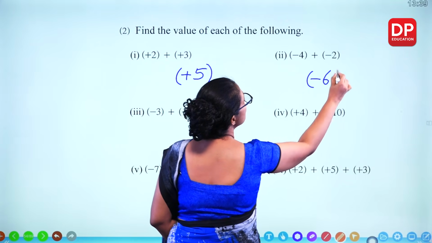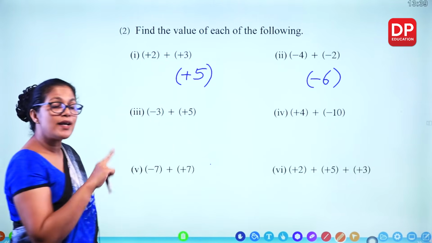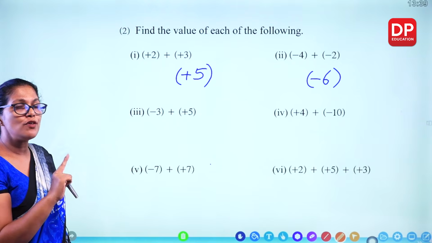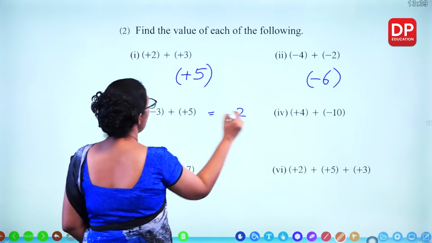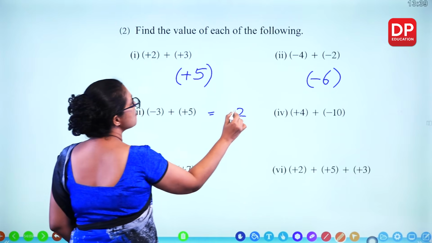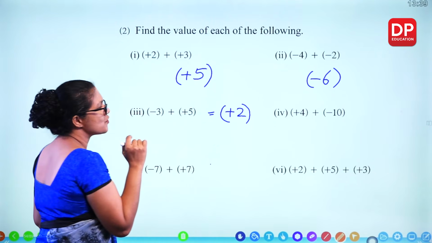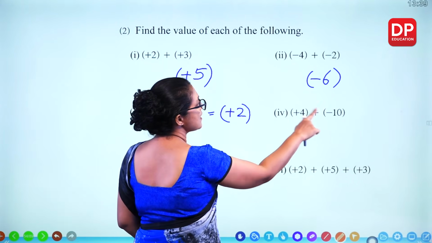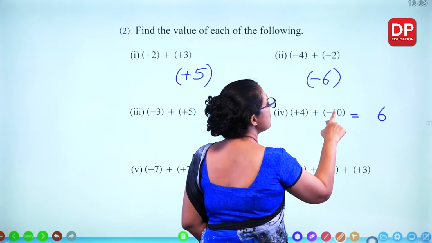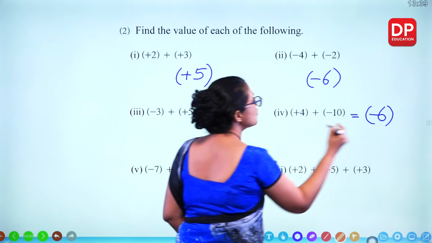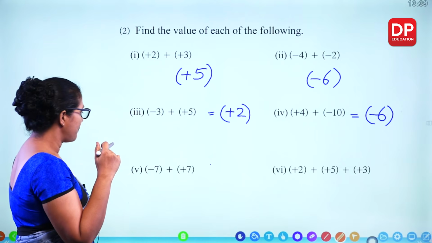You put a negative sign. Here 1 is positive, 1 is negative. You take the difference. 5 and 3 difference is 2. But bigger number is positive. You put plus 2. Plus and minus, take the difference. That's 6. Bigger number is negative. So you put negative 6.